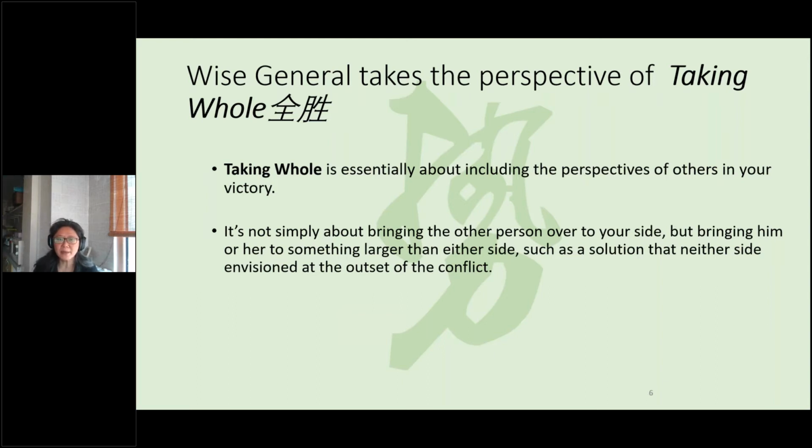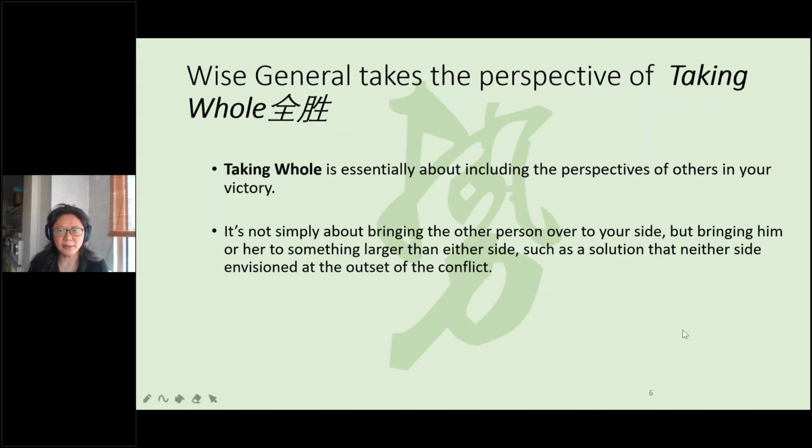So you're not making a victory that only benefits a shorter term goal, but rather a longer term goal. That also includes the adversary's idea, the opposite side's idea. And we must also consider our own hopes and our own fears in that matter.